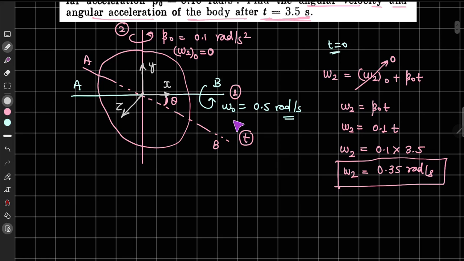If we talk about the angular velocity about axis AB, that is constant in magnitude but its direction keeps on changing. So we can write omega 1, the angular velocity about the axis AB, as 0.5 radian per second, and the direction at the time instant t will be in this particular direction, which is always perpendicular to the vertical axis because this axis is always moving in the xz plane, right?